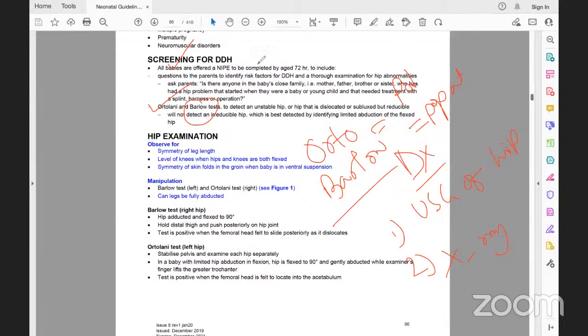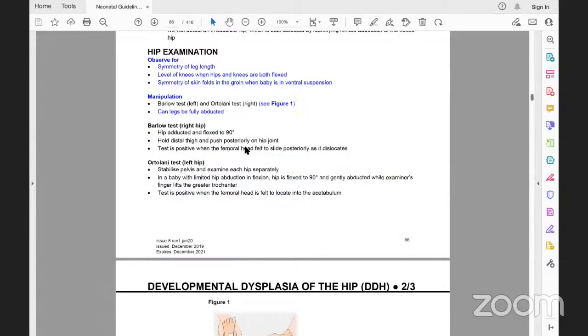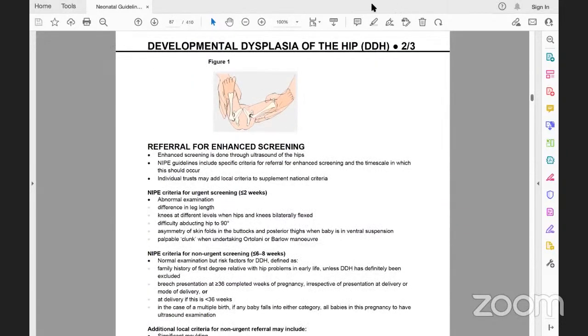Now I will show you the picture and you will tell me which test it is. This is the right side and this is the left side. Ma'am, right side is Barlow, outward. Right side you are doing Barlow, and left side you are doing Ortolani.